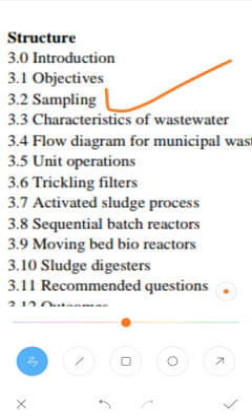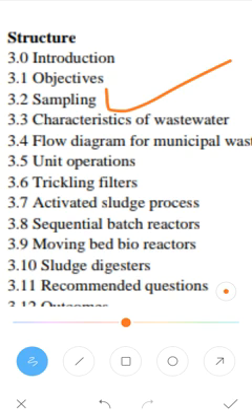Moreover, the samples must be handled in such a way that there is no significant change in composition before the test is made. The volume should be small enough that it can be transported and large enough for analytical purposes.